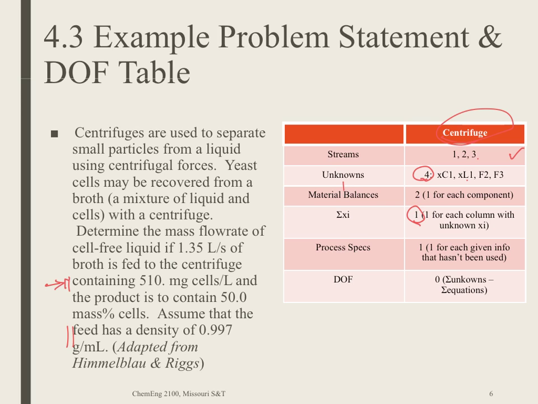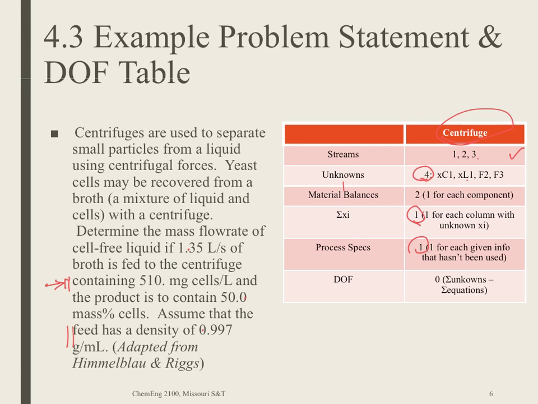I used this and this in getting the basis. I used this in getting the compositions for the material balance table. I have not yet used this one. So therefore I have one piece of information I have not yet used.